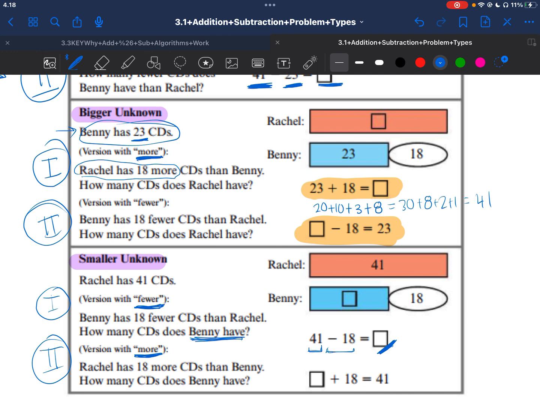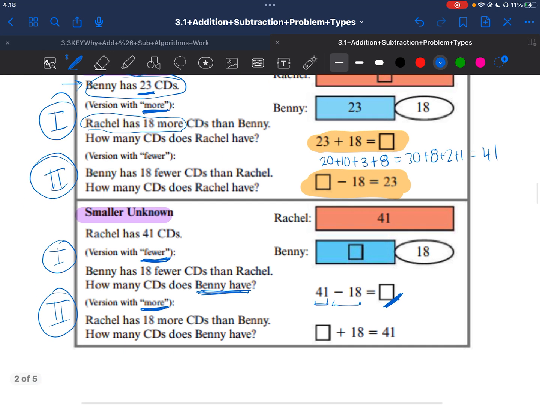Okay. All right. And then let's say you want to use the word more. Again, we're asking about the same thing, but we're just wording it differently. So it says again, Rachel has 41 CDs and Rachel has 18 more CDs than Benny. How many CDs does Benny have?